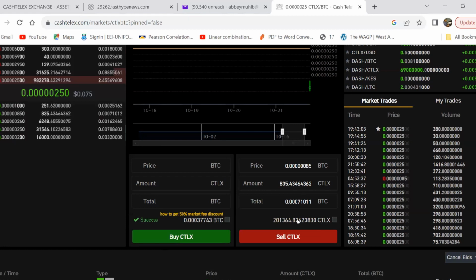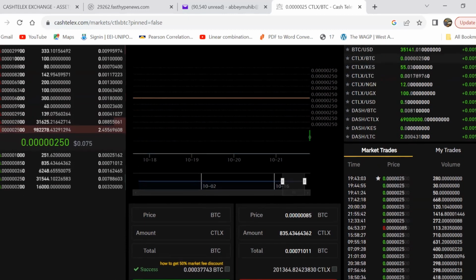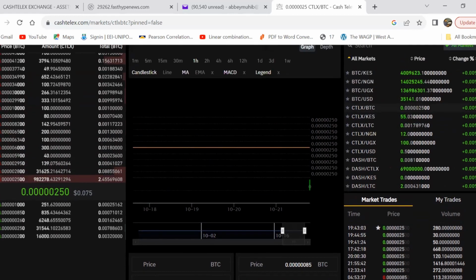So okay, we've used much of our time, so I'm going to be stopping here today. Hopefully, inshallah, in the next training I will be going beyond this. Maybe we'll go into how to deposit and withdraw BTC, deposit CTLX and withdraw CTLX.